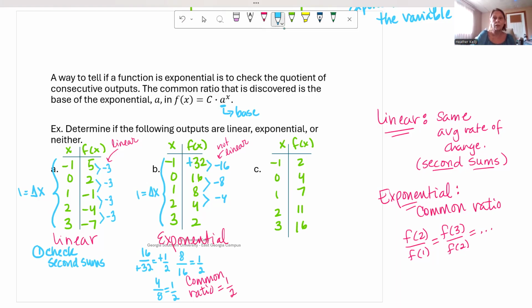And then again, we can look at this guy, that the delta x is equal to 1 again. And then here, when we look at those sums, this is +2, this is +3, this is +4, this is +5. So we know that that is not linear.